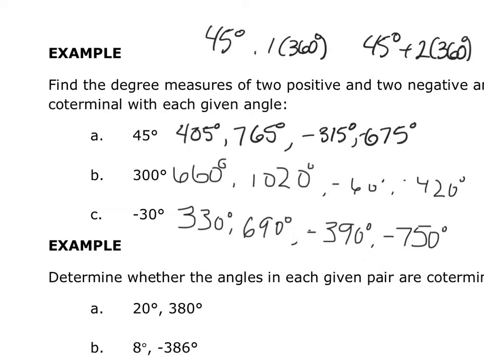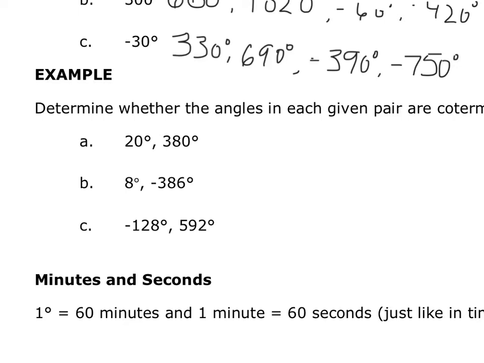All right. On the next grouping, you need to determine whether or not they are coterminal. Determine if they are coterminal, yes or no. If I take 380, subtract 360, do I get 20?